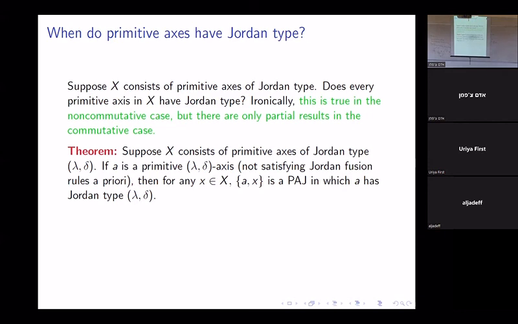So in other words, if we can prove this, then axes.